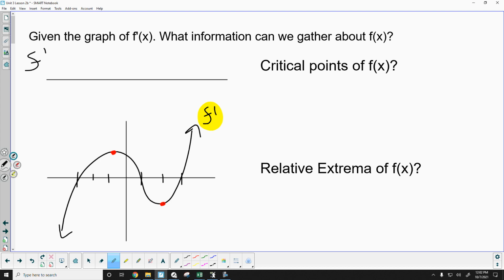Well, that would be when f prime's slope is 0. That would be when f double prime is 0. I don't care about f double prime up here. This would be when f double prime is 0. I don't care about that. So where are the zeros of f prime?